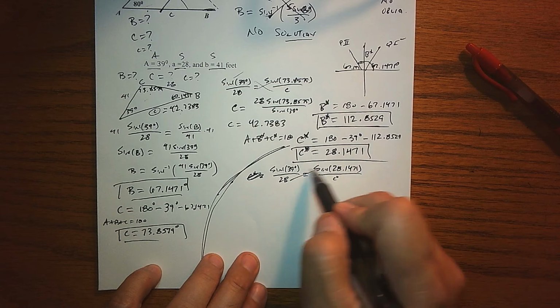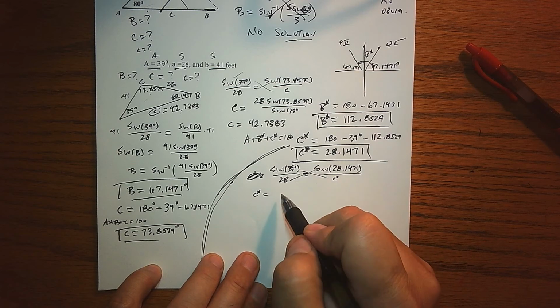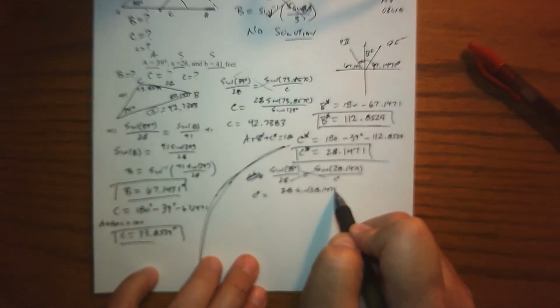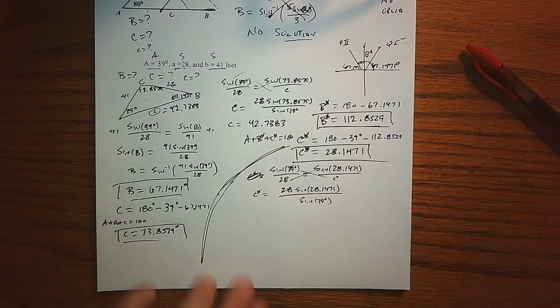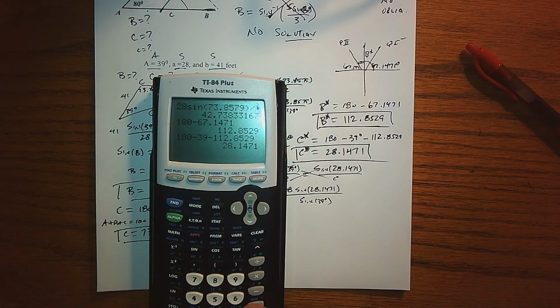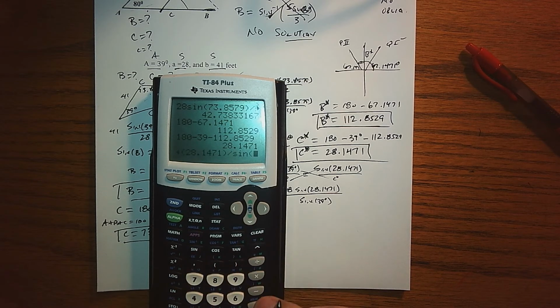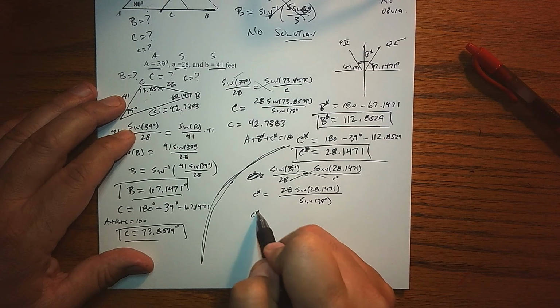So again, cross multiplying and dividing, we get that little side c star is 28 sine of 28.1471 all divided by the sine of 39. All right, and so let's go to our calculator, and that would be 28 times the sine of 28.1471 divided by the sine of 39, and what we get looks like 20.9887. So c star is 20.9887.